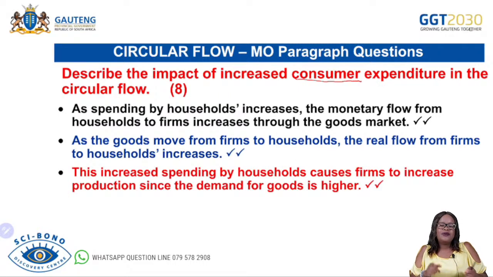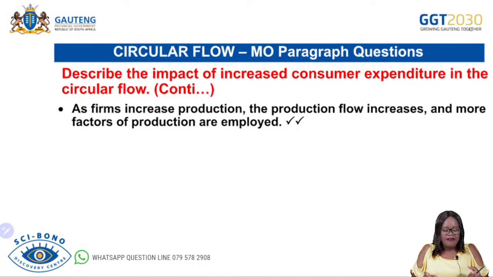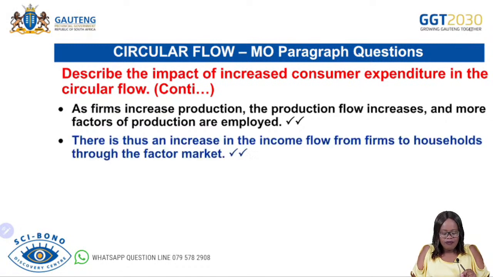Now, this increased spending or expenditure by households, it causes the firms to increase production, since the demand for goods and services is now what? Is higher, right? And now, as firms increase their production, the production flow increases and more factors of production are going to be employed.